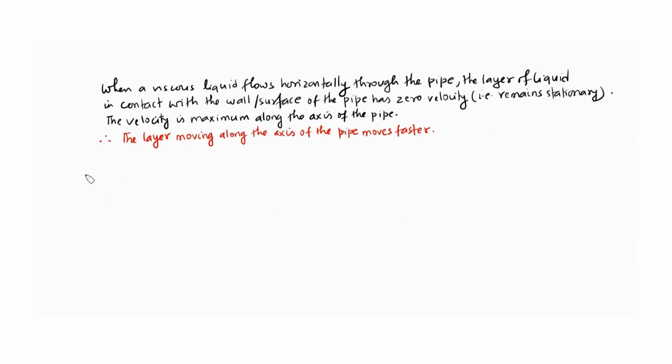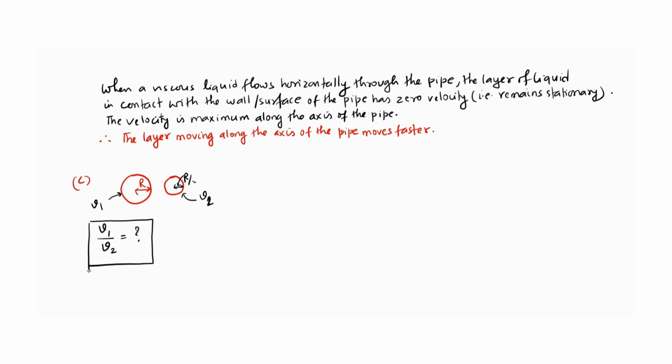So we have two drops, one having radius R and a small drop having radius R/2, moving with terminal velocities V1 and V2, and we are asked to find V1 by V2.